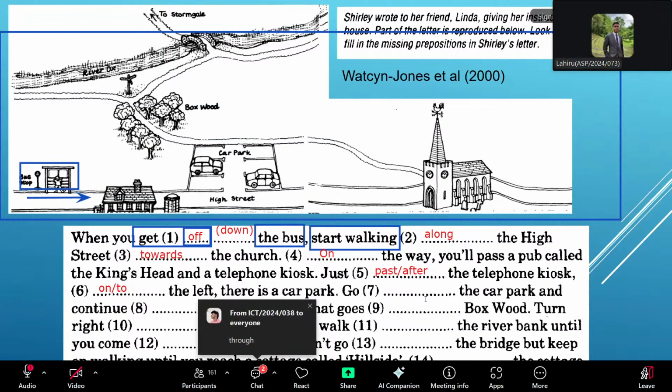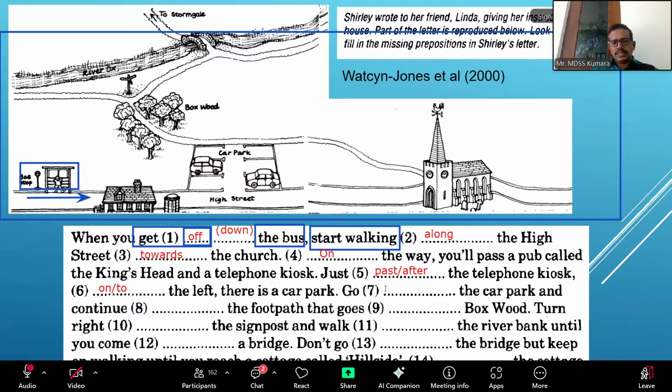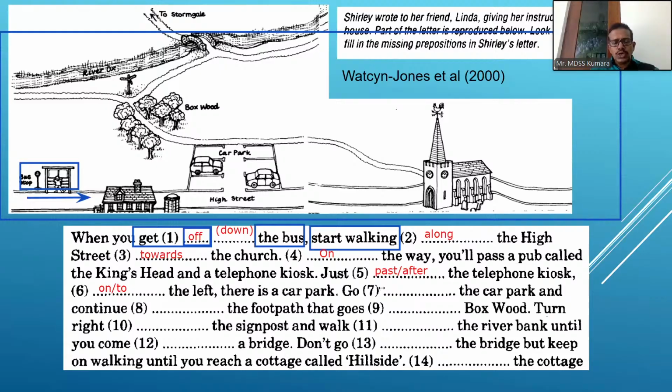Inside. Sir, can we say through there? Yes. Go through the car park. Or you can also say across. Go through the car park or go across the car park.